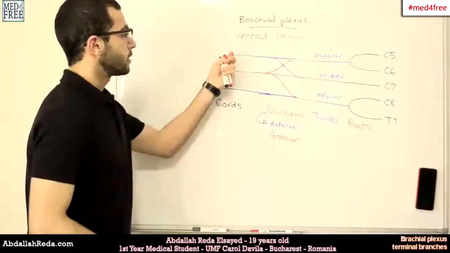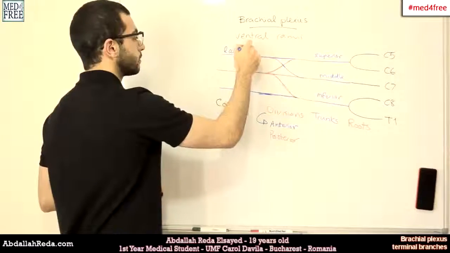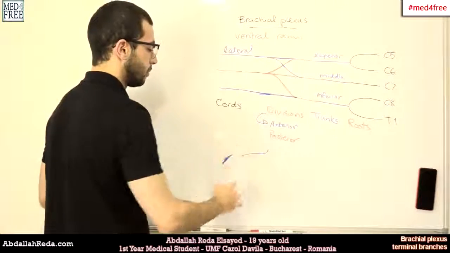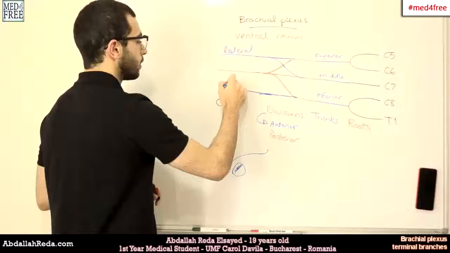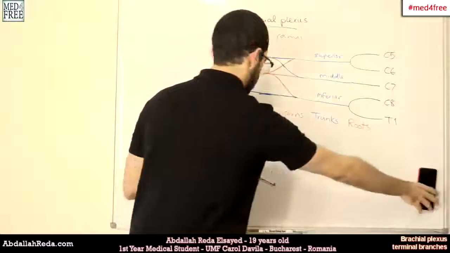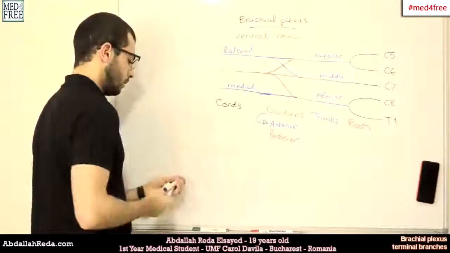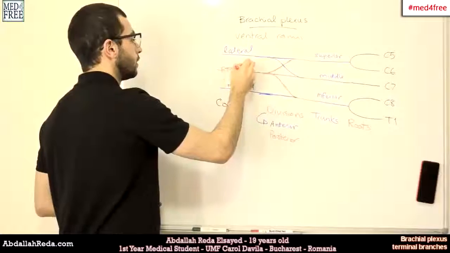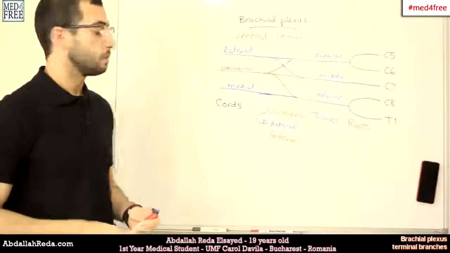So this will be lateral because if it goes like this, and this will be on this side of the body, this will be on this side of the body, so this is more medial. So we have lateral and medial, and the one behind the axillary artery will be the posterior cord. So we have lateral cord, posterior cord, and a medial cord. 3 types of cords.